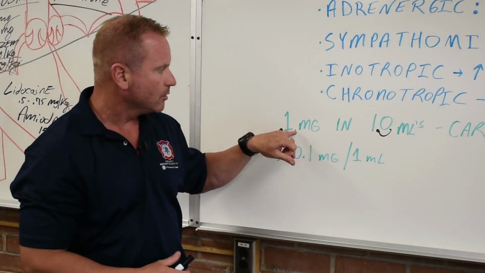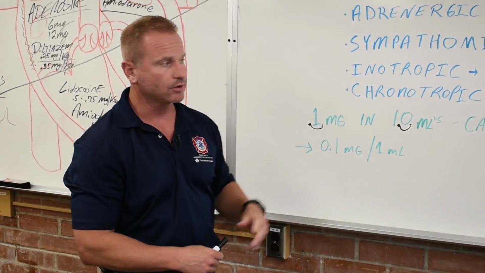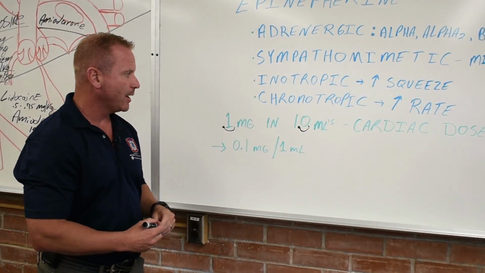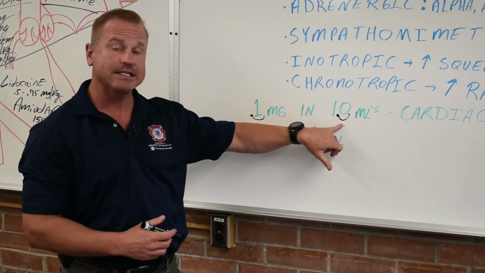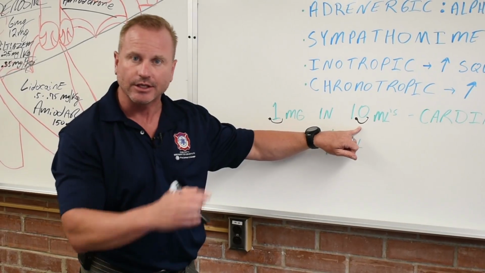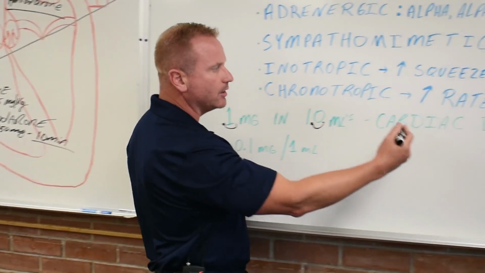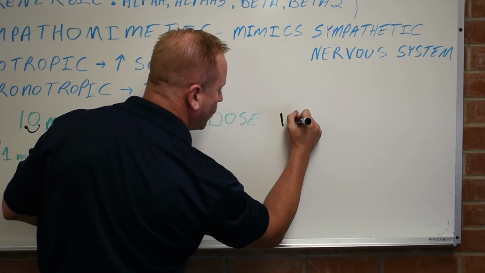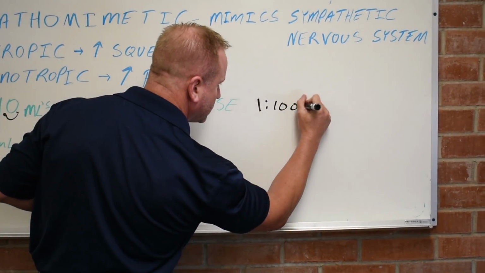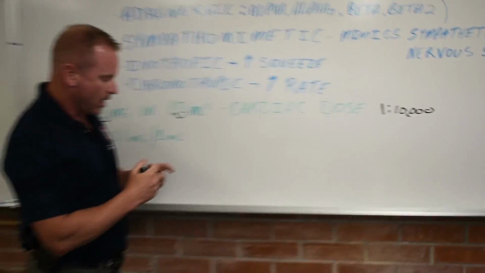Most of the vials, well, all the vials will tell you what the concentration is, all right? So the cardiac dose of epinephrine is 1 milligram in 10 mLs, or 10 cc's, right? mLs and cc's are interchangeable. And what that equals is the concentration of 1 to 10,000, all right?